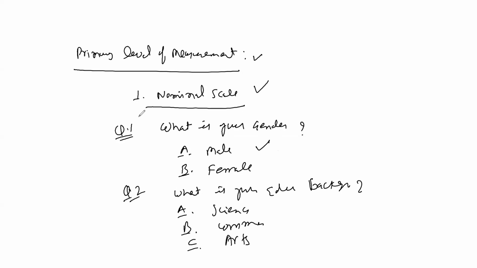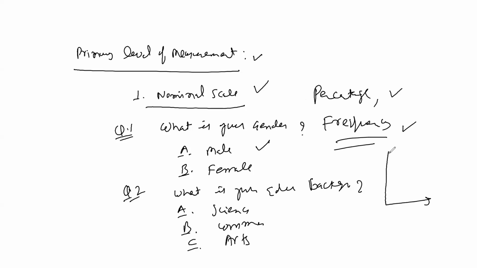If we have this type of question in our survey, research thesis or paper, then we can compute only the percentage or frequency. We can present our data in percentage form or frequency, like how many participants belong to UP and outside UP.